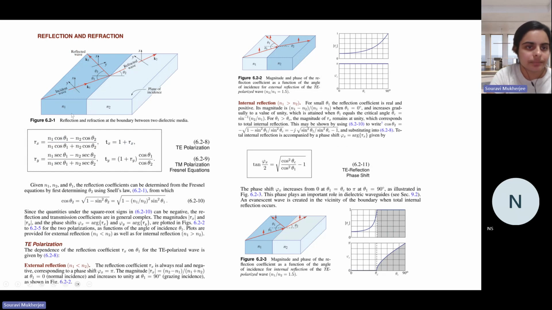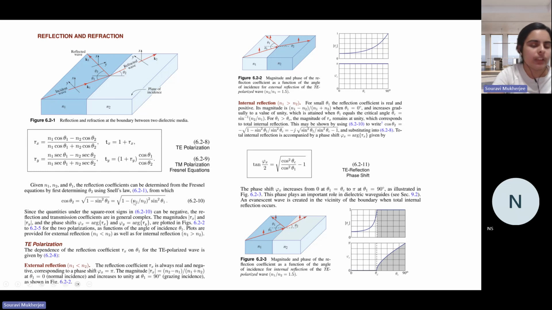So what you see here is that you have some incident wave, it gets reflected and part of it gets refracted, right? And we know that this is how the Fresnel coefficients look. These are the Fresnel equations. Now here, you can also apply Snell's law, which relates the different angles involved. So theta 1 and theta 2 are related by Snell's law, and that's what is being given here. Now, in general, as you can see here, this has some square root involved, right?